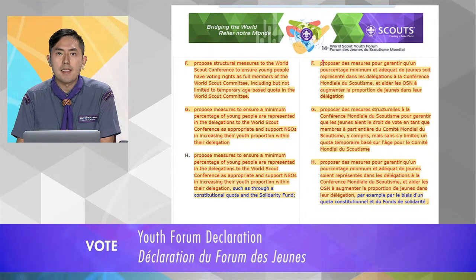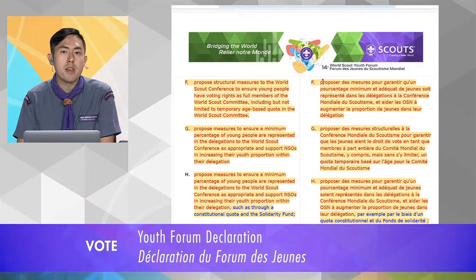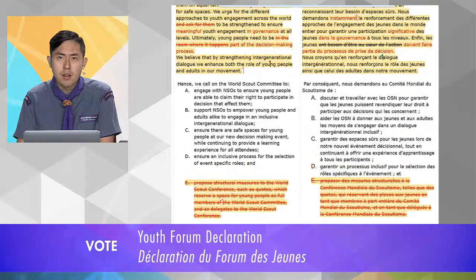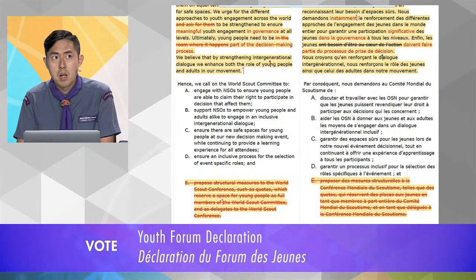I understand that there are 4 hands in total. We'll take them one by one. And we really appreciate if the Youth Forum delegates can keep your intervention short and concise in the interest of time. I'll also reduce the time to 1 minute for each delegate in order to provide more opportunity for our delegates to speak and address the forum. Please also note that there is an amendment on the preamble section of this paragraph, and we'll also vote on that.